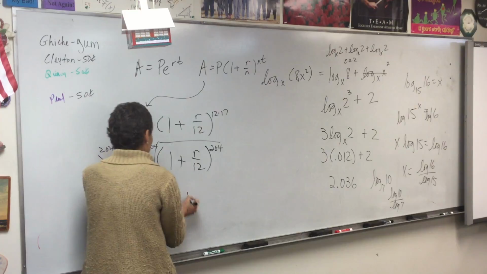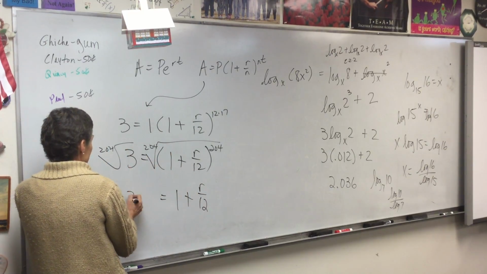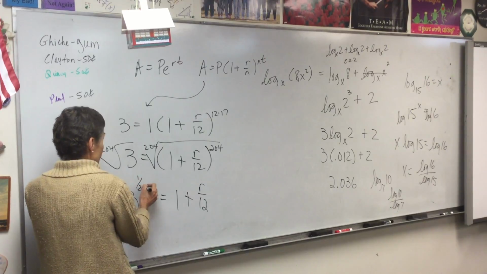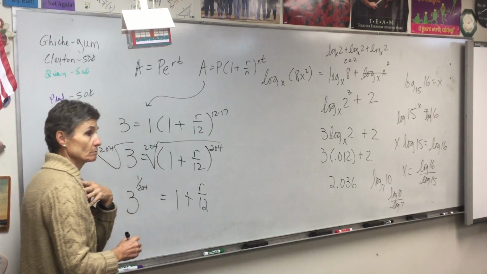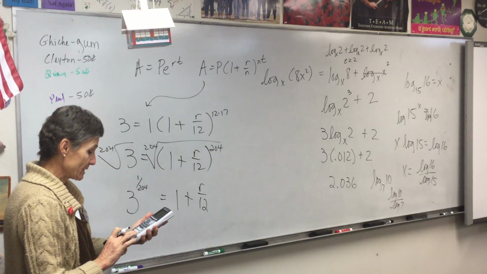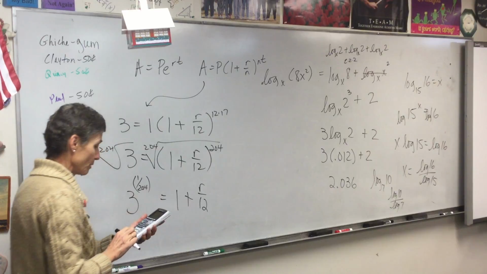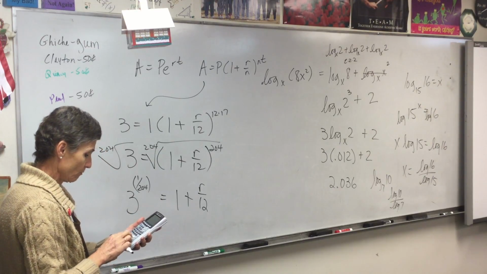So this is 1 plus r over 12. And I'm going to think of this as 3 to the 1 over 204, which I can easily type into my calculator. Make sure the exponent's in parentheses. 1 divided by 204.